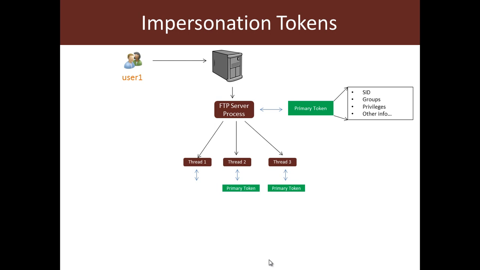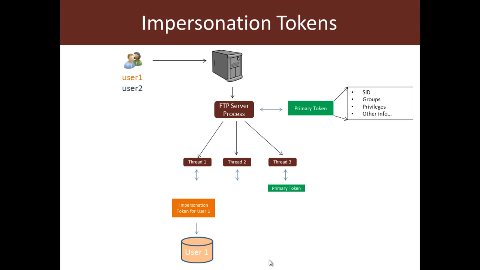This is done by going ahead and creating an impersonation token for user 1. Now, thread 1 uses this impersonation token, which is created after user 1 authenticates using his credentials. And then using this impersonation token, thread 1 is able to access anything which user 1 is allowed to access.